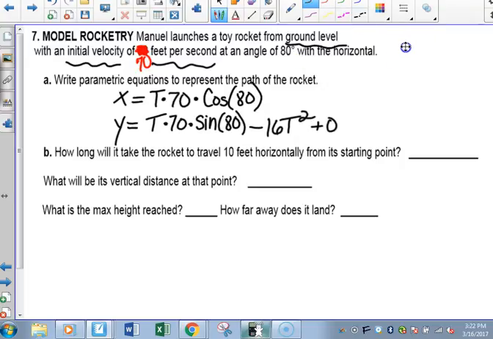What do you want to try for time? There's nothing wrong with trying because you just find out you need to make it bigger or smaller. If it stops in midair, you know you didn't put enough time in. What do you want to try for time? 10 seconds, and we'll try 0.1, okay? What do you want to try for distance away from us, which would be x? What do you want to do?